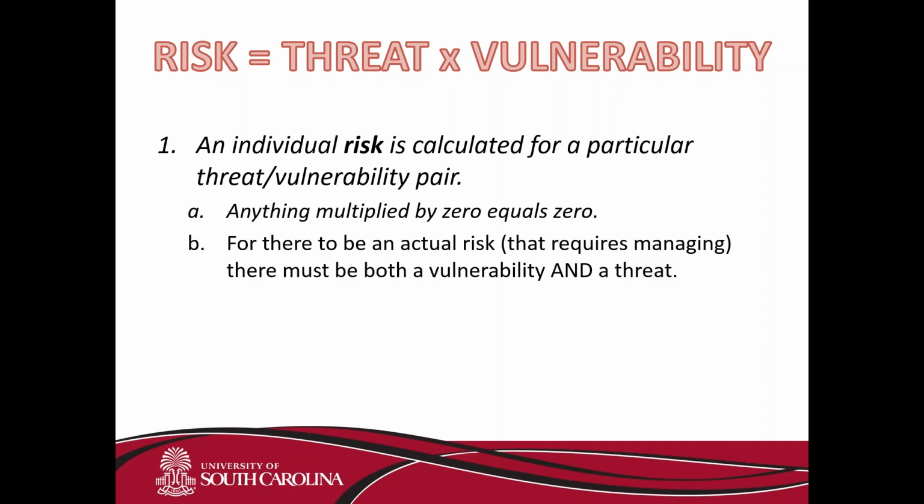In this approach, remember back in algebra, or math, we said anything times 0 is equal to what? 0. So if we don't have a threat, the risk is nothing. If we don't have a vulnerability, the risk is nothing. We forget that principle when we think about security strategy. So in order for there to be an actual risk, you have to have both a vulnerability and a threat.